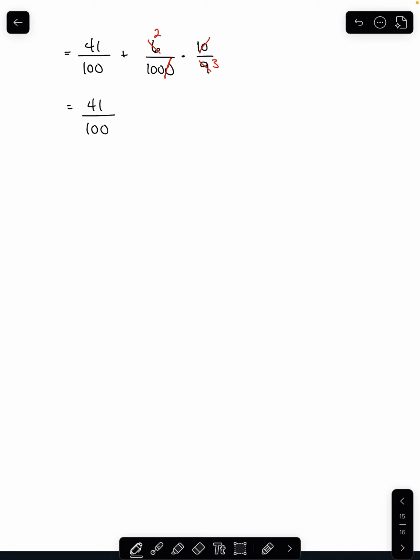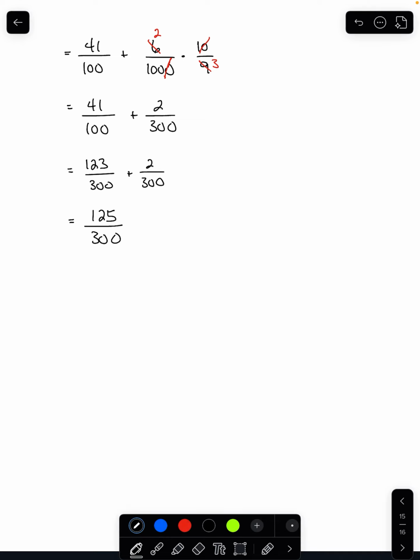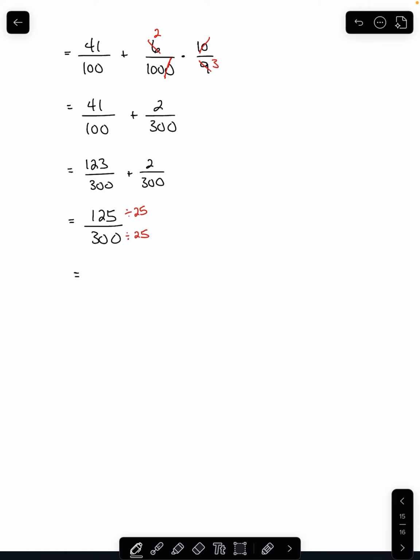So now I have 41 over 100 plus 2 over 300. A common denominator then would give me 123 over 300 plus 2 over 300 for a total of 125 over 300. And then this can be simplified. Both of these are factors of 25. Dividing each the top and bottom by 25 reduces me to 5/12.